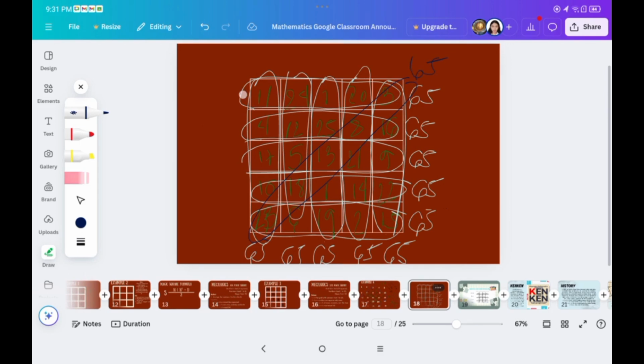Ito naman isang diagonal. Eleven plus 12 plus 13 plus 14 plus 15 is also 65. Diba? Ang bilis lang ng ginawa nating pag-solve sa pamamagitan ng diamond.